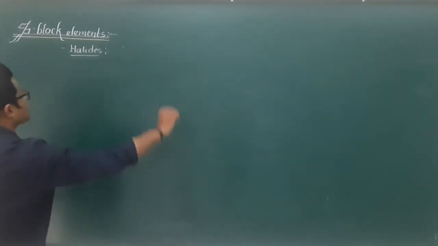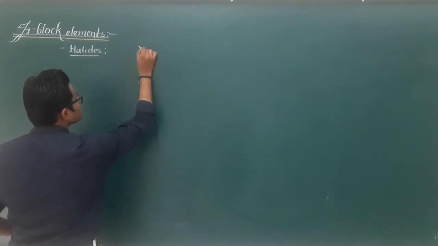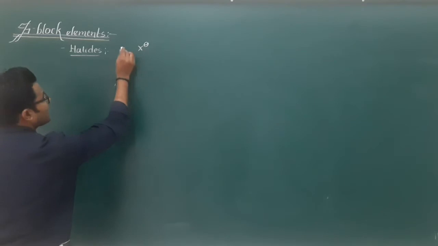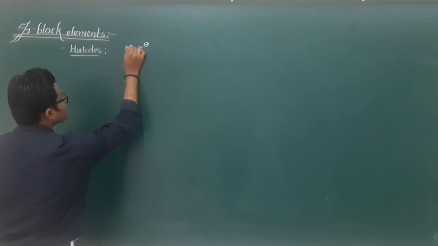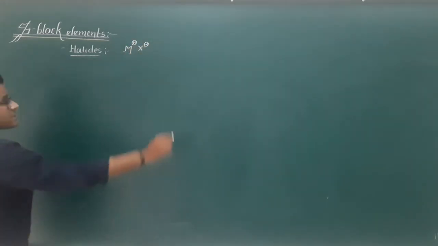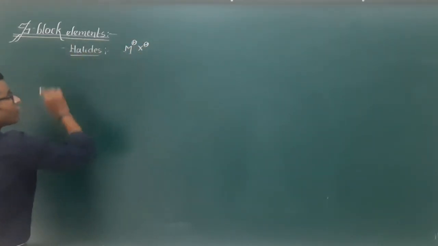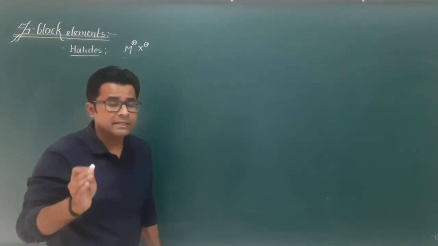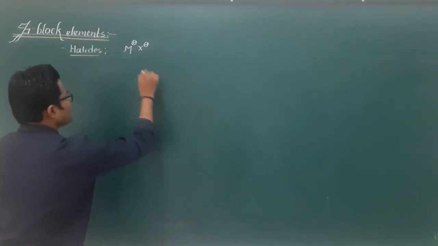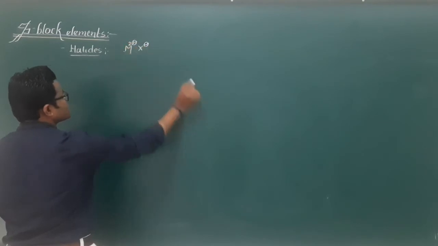Whenever a halogen combines in the form of X minus, and as a metal is under consideration, we'll take it as M plus. But these metals of the alkaline earth metal series are in the form of +2.